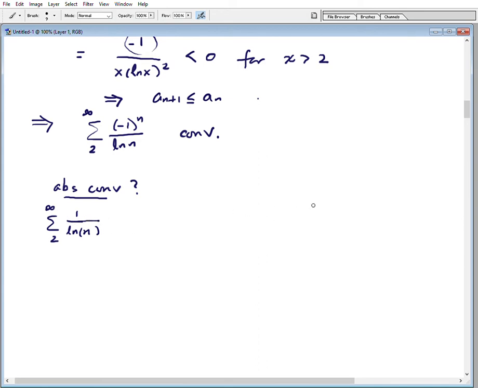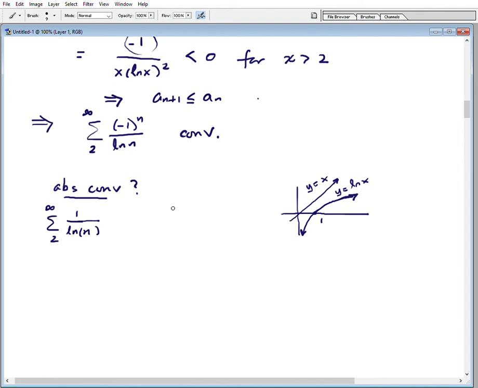If you think about it, like I said, you have to have some reference points. We know that the sum of 1 over n diverges. That we should know by the p-test. So if we look at the graph of y equals x and compare it to the graph of y equals ln x, y equals ln x goes to infinity more slowly than y equals x.